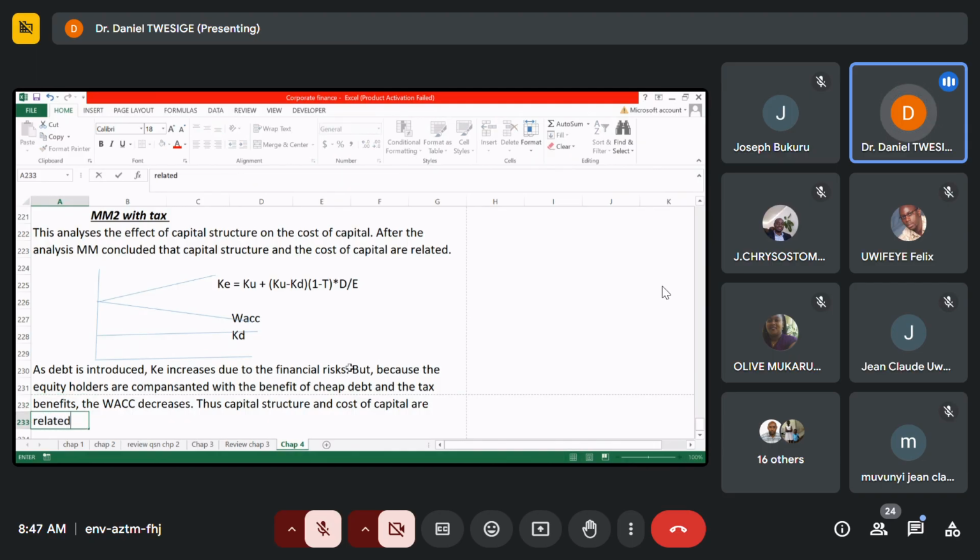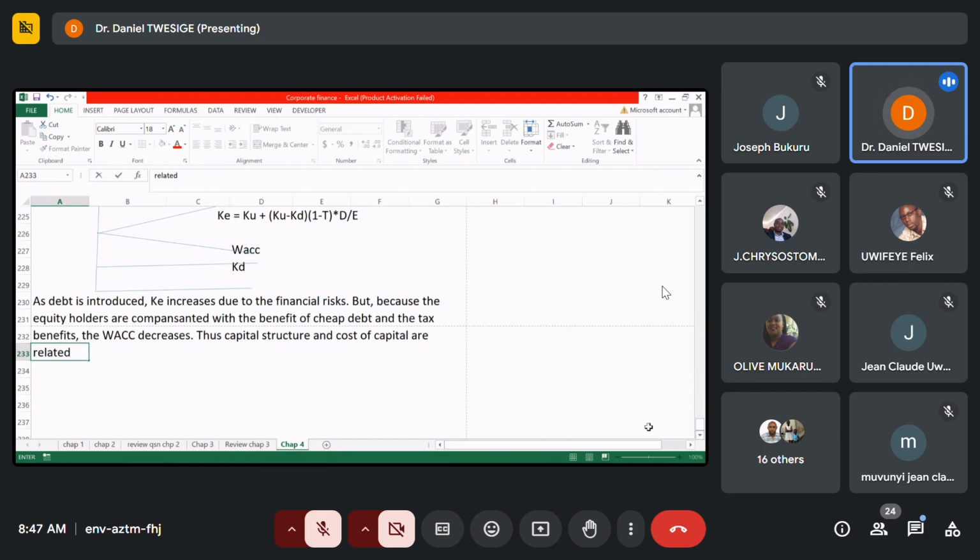In simple terms, that is what we can look at. As you are introducing the debt, because the debt is associated with the financial risks, your KE will increase. The moment you introduce the debt into the business, automatically the KE is going to increase.